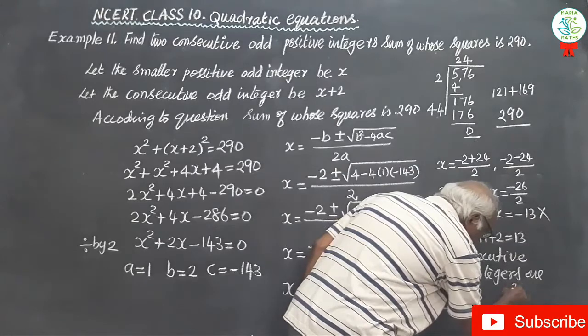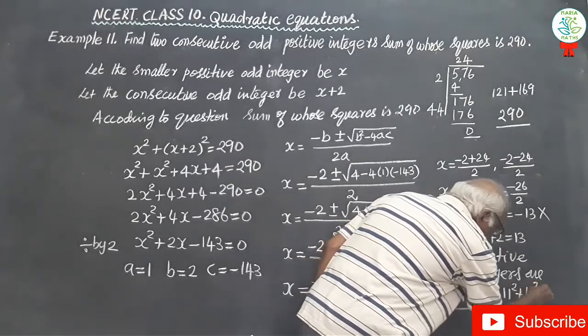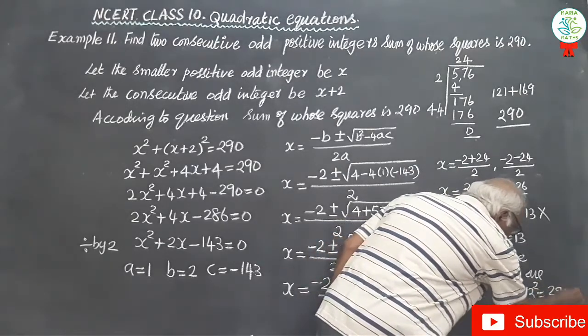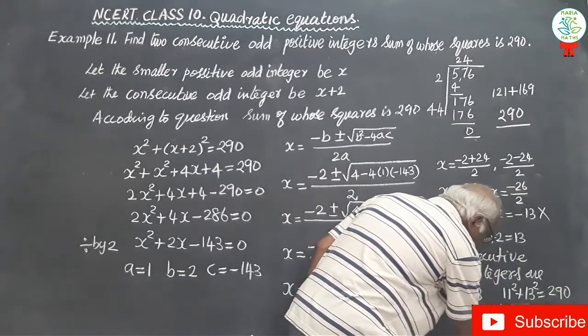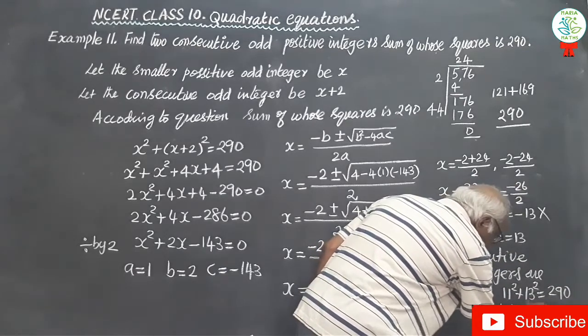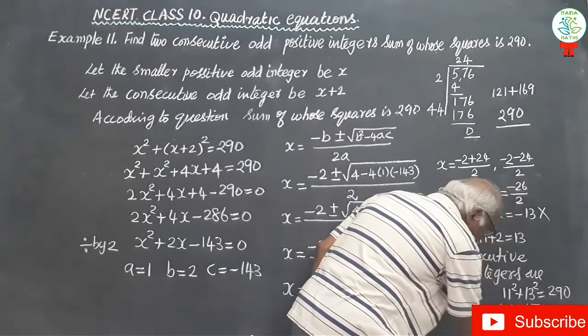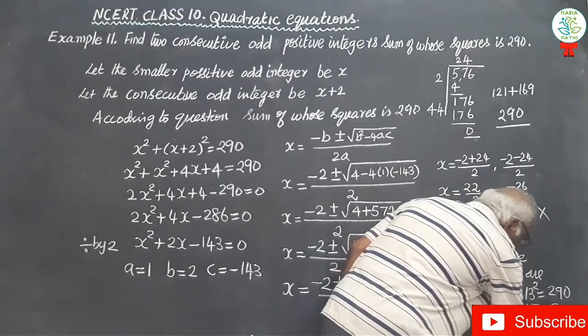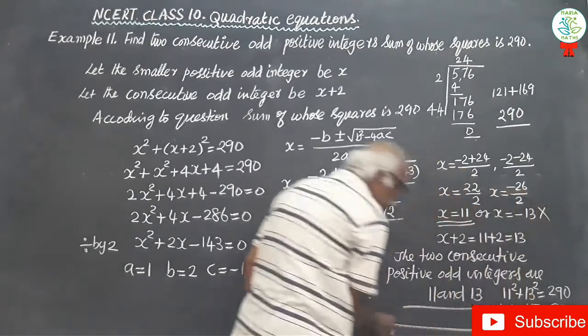We have to show that 11 square plus 13 square equal to 290. 11 square is 121, 13 square is 169, 121 plus 169 is 290. So, our answer is correct.